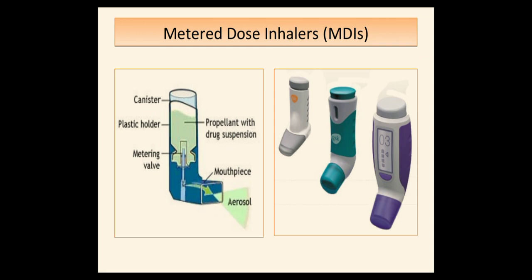Next, here are some metered dose inhalers. One diagram of metered dose inhaler can be asked. A short note on the metered dose inhaler can be asked in the GPAT examination. So in this diagram, on the left hand side you have to draw, which includes all the parts of the metered dose inhaler.